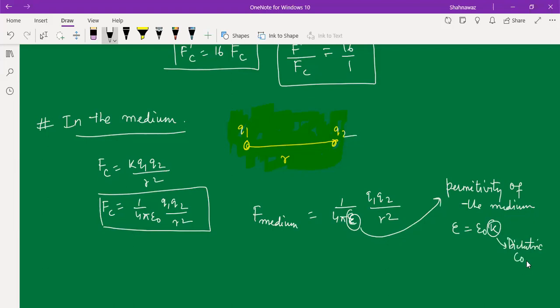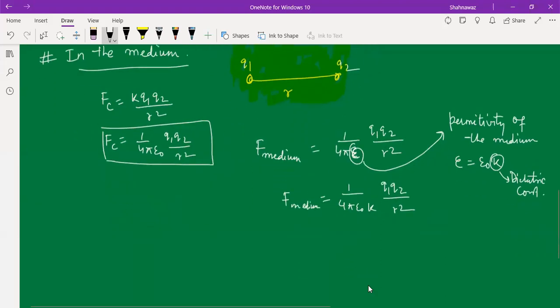So this force becomes 1 by 4 pi epsilon naught K, Q1 Q2 by R square. Right, so F medium.